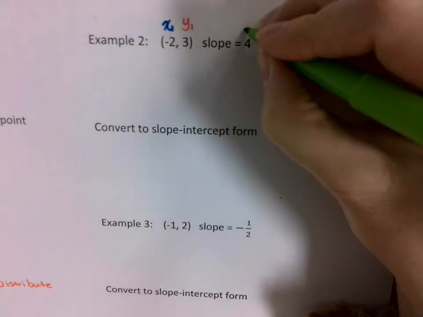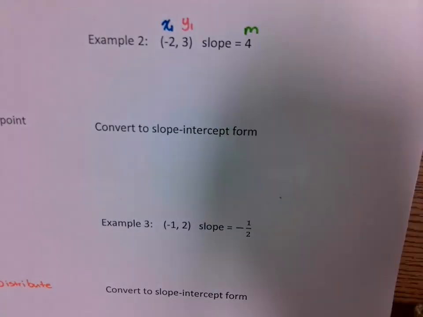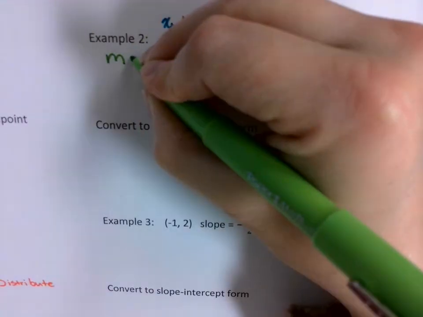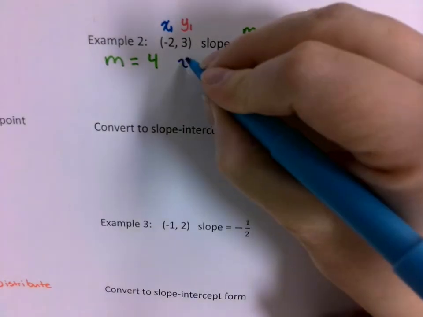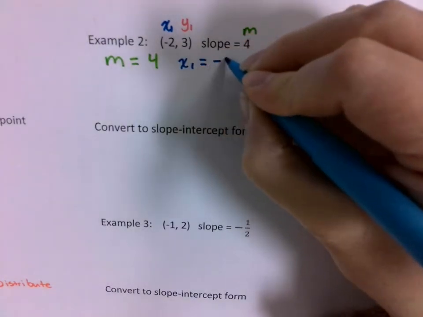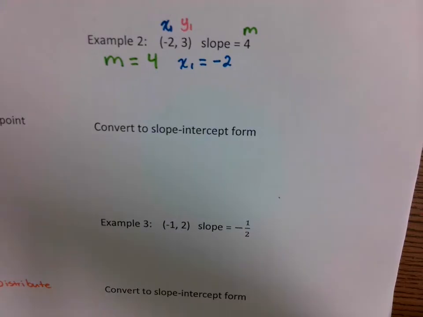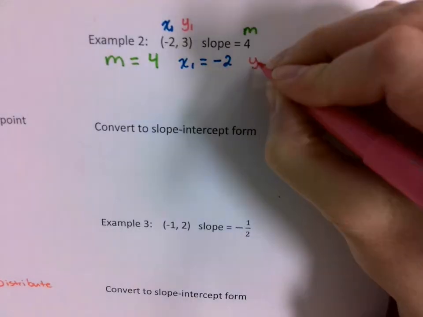So I'm going to go ahead and replace those. I'm going to put m is equal to 4, x1 is equal to negative 2, y1 is equal to a positive 3.